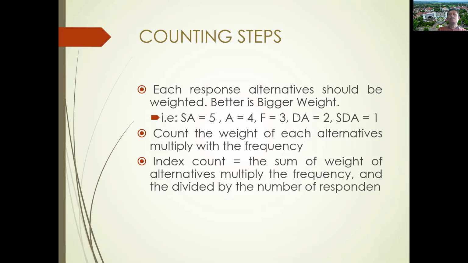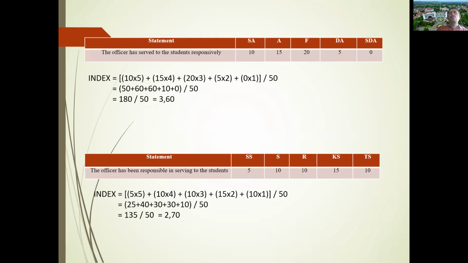And then you should count the weight of each alternative multiplied by the frequency. The final index would be the sum of the weighted alternatives multiplied by the frequency, and then divided by the number of respondents. So the operational example is like that.